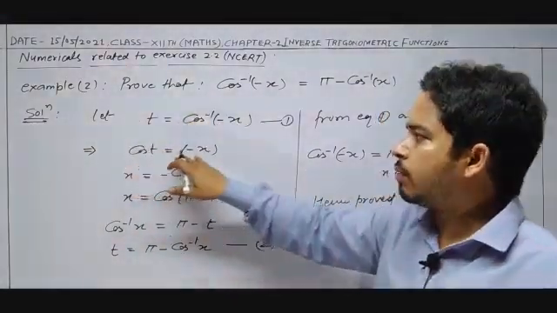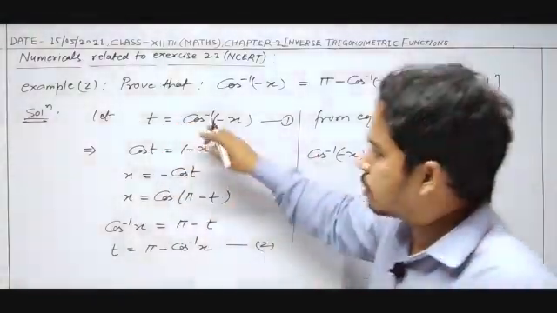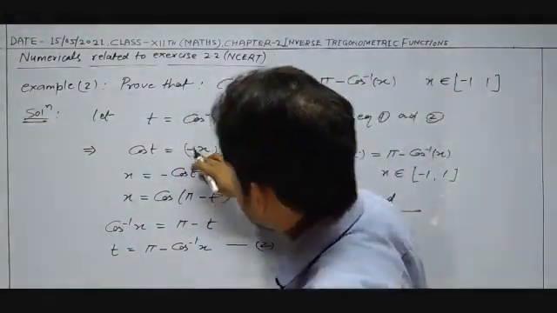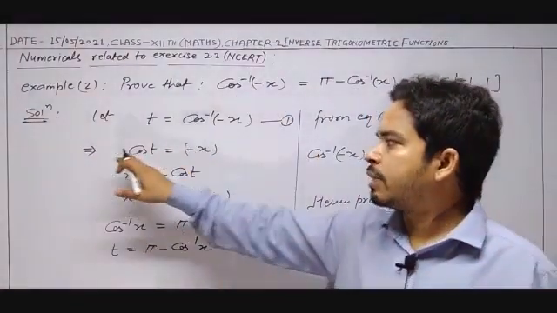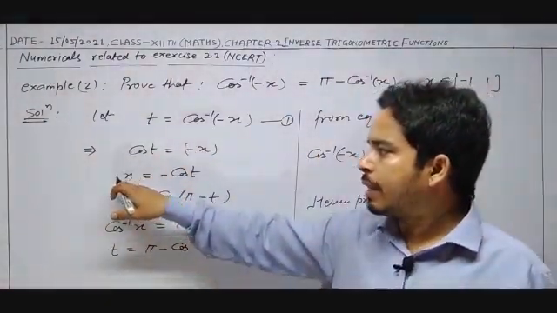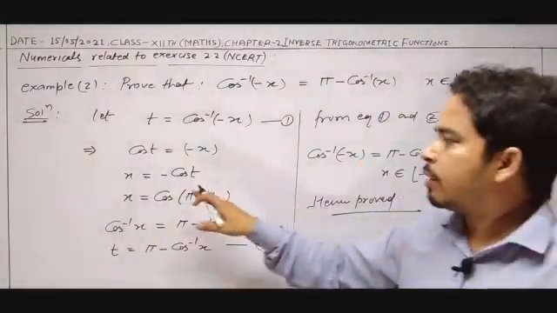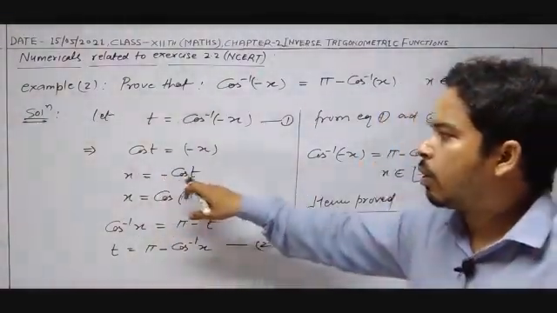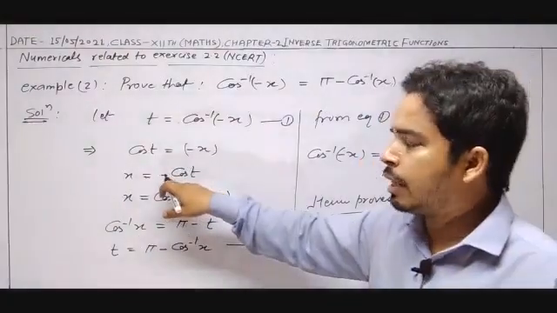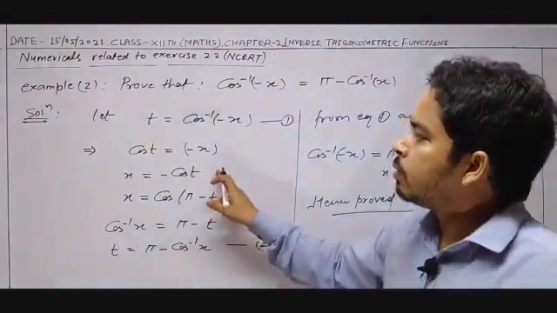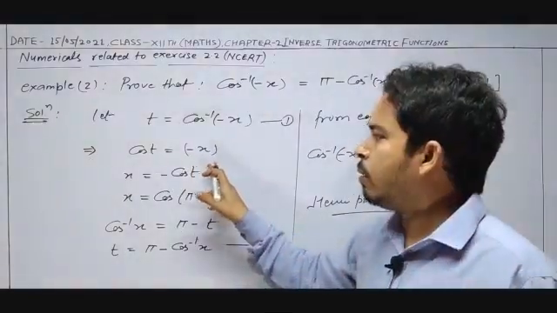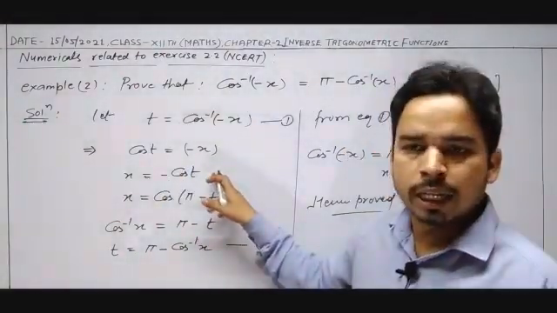Then cos t is equal to minus x. Minus will transfer to the left hand side, so the result will be x is equal to minus cos t. The value of cos is negative in which quadrant?